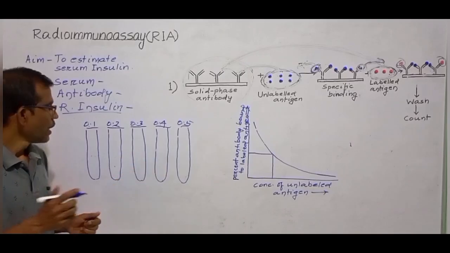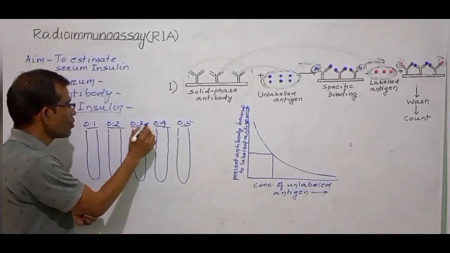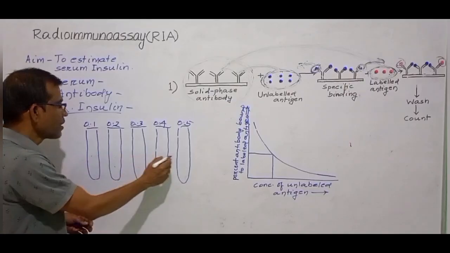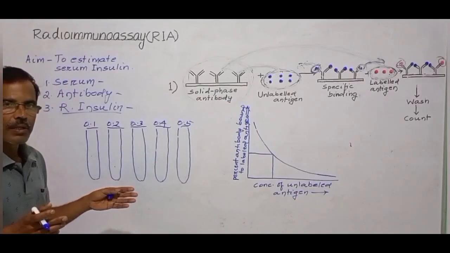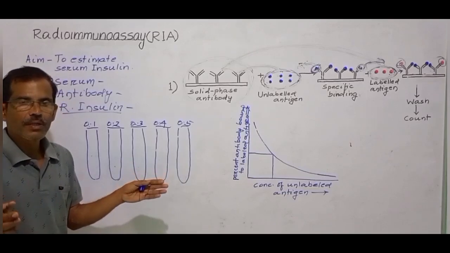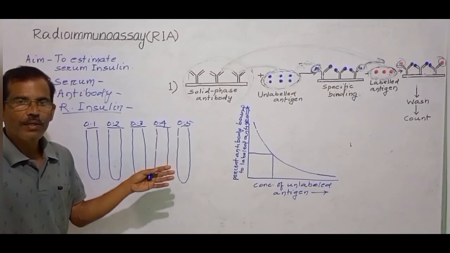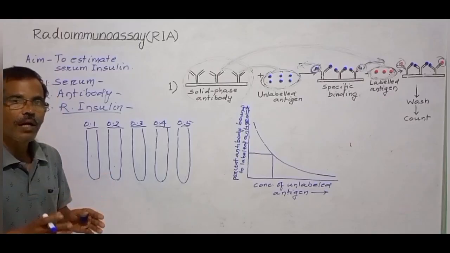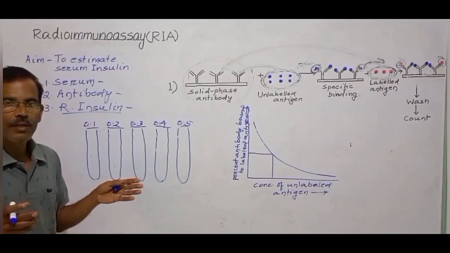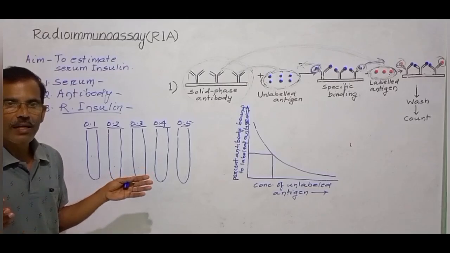For this, increasing known amounts of unlabeled antigens are added to a series of test tubes containing the same amount of radiolabeled antigens and complementary antibodies. Now the unlabeled antigens will compete with radiolabeled antigens for binding sites.